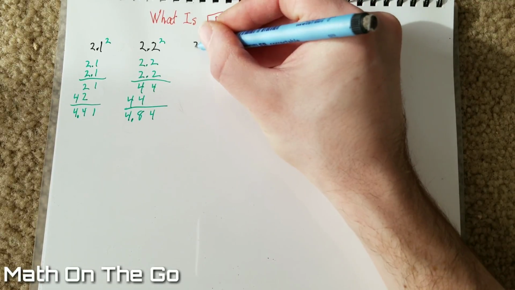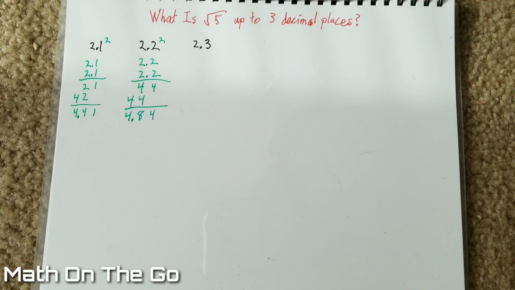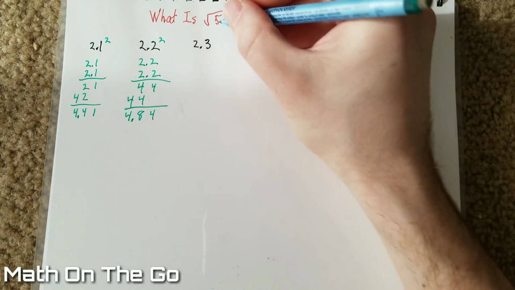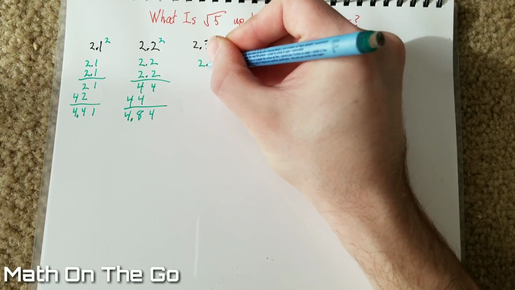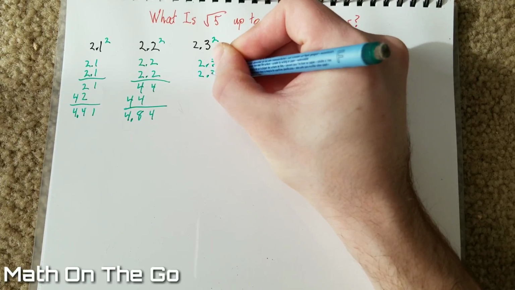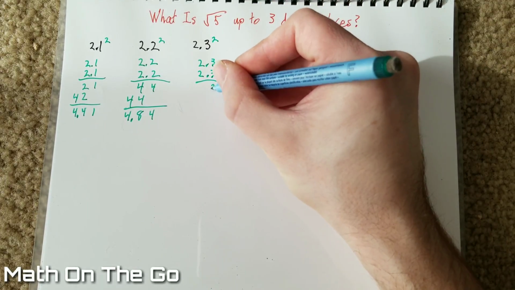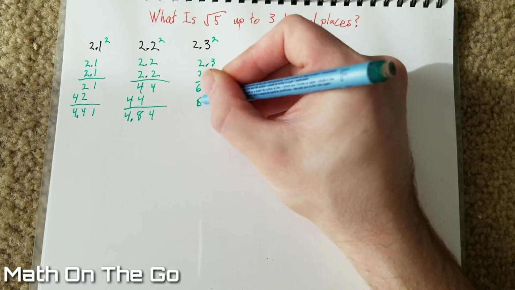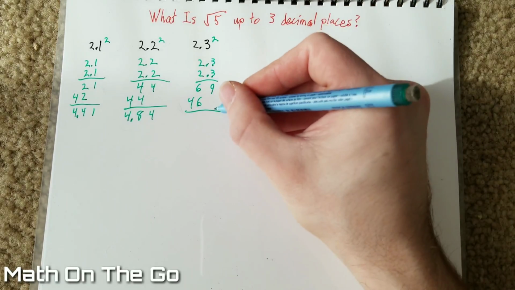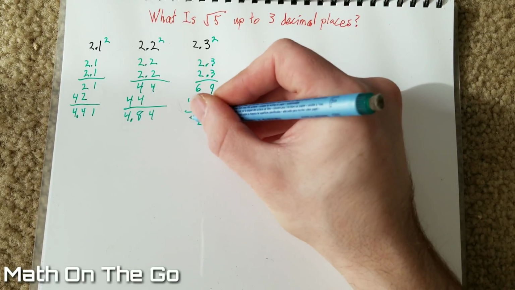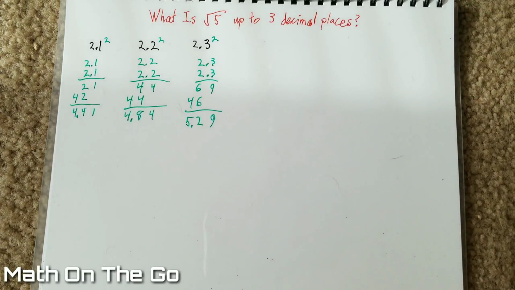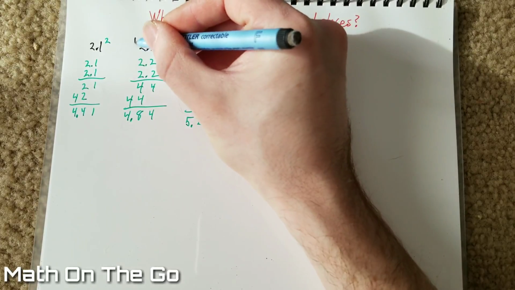Let's do 2.3 and square that. 2.3 times 2.3 gives you 5.29. Okay, now 5.29 is too high because we went above 5. We want to get as close to 5 as possible. So our winner is 2.2.